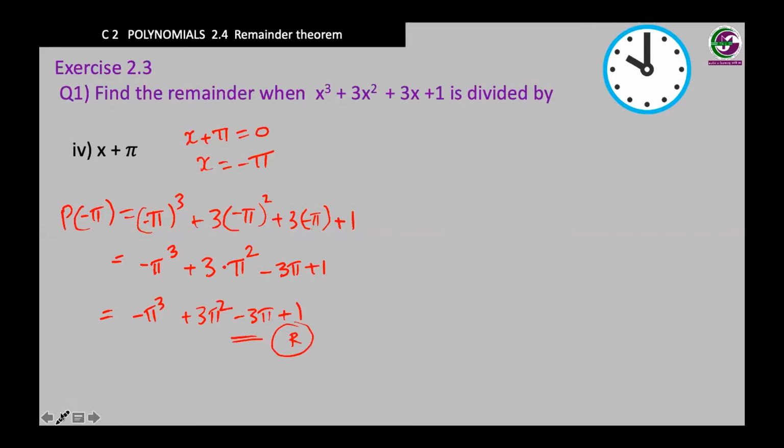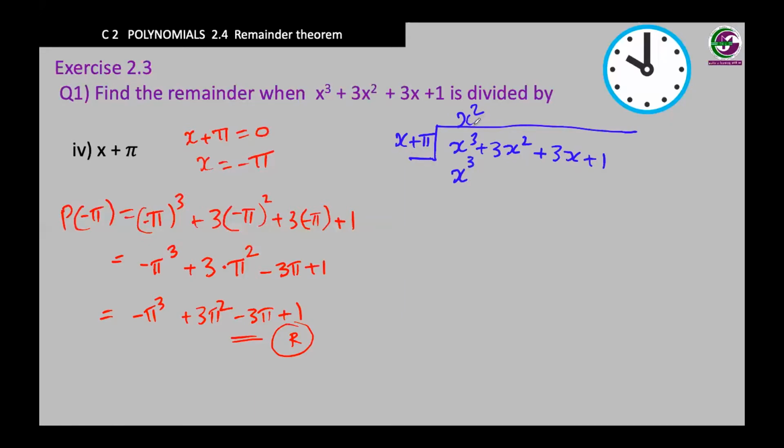Now let us see how to do it by long division method. X cubed plus 3x squared plus 3x plus 1 with x plus pi. Okay, x cubed divided by x is x power 2. X multiply x square is x cubed.